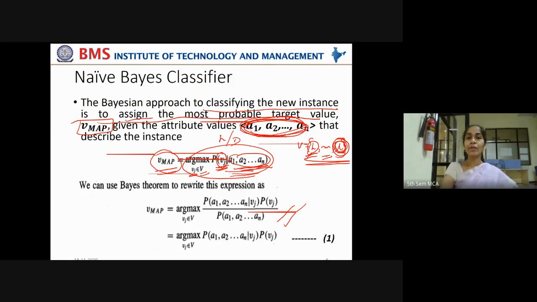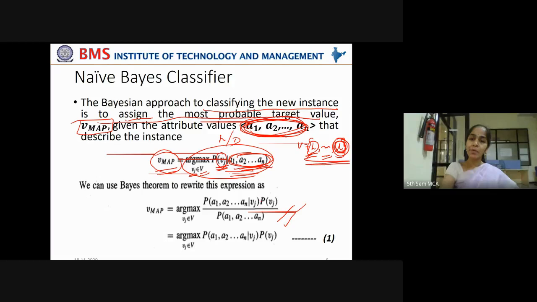Now what is Bayes' theorem? Probability of D given H. So D, the set of all the attribute values, that is probability of A1, A2 and so on up to AN, given the outcome label Vj, multiplied by the prior probability of Vj, irrespective of the attribute values given: how many of the outcome labels are yes and how many are no. You remember, say out of 14 training examples, if 9 have the positive value yes and 5 have the negative value no, in that case probability of yes is 9 by 14 and probability of no is 5 by 14, right?